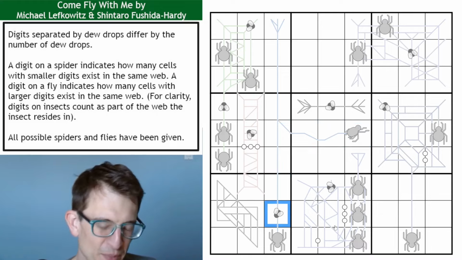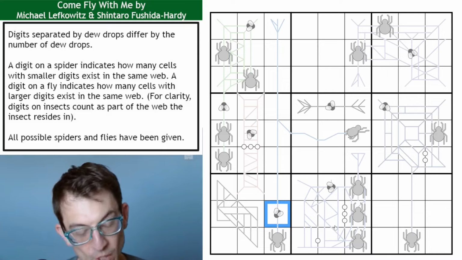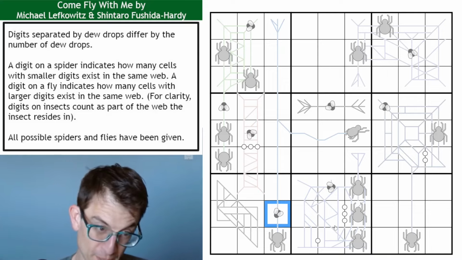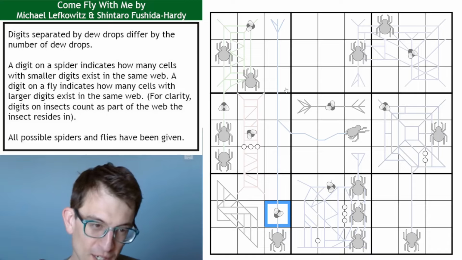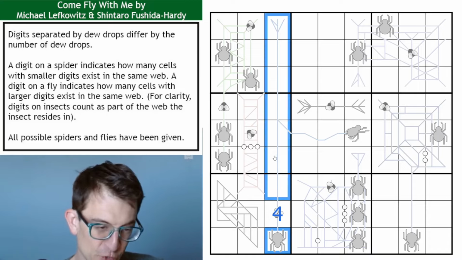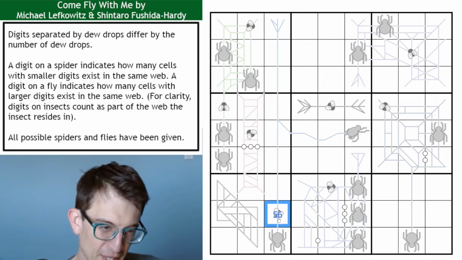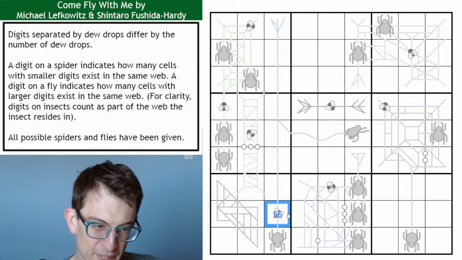Let's think about flies. So what can this fly be? Well, it can't be less than or equal to 4, because a 4 on a fly here would see 5 digits higher than it just from the line, so that doesn't work. So this is at least 5. Can it be 7?